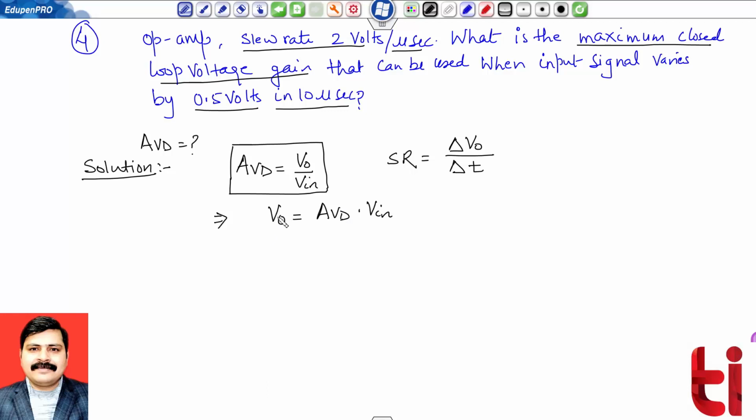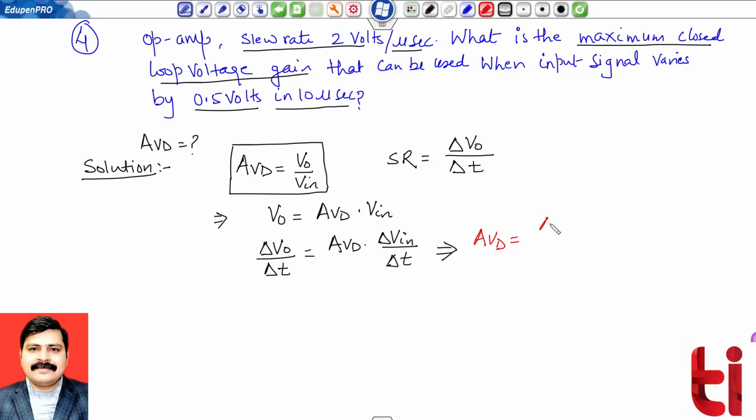So I want to calculate the variation in V naught with a certain variation in time, that is delta V naught upon delta T, which equals AVD times the variation delta V in over delta T. Effectively, from this relation, my voltage gain AVD will be equal to this quantity divided by this quantity.